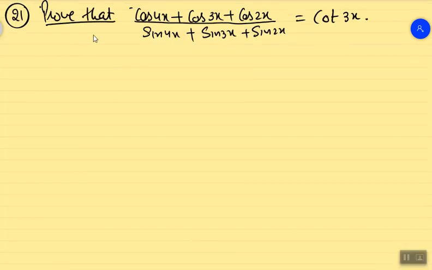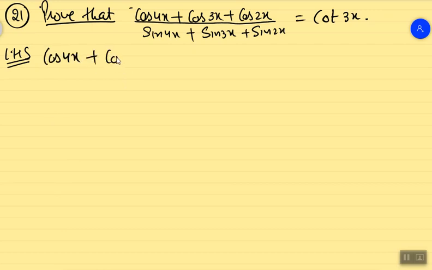Okay, prove that (cos 4x plus cos 3x plus cos 2x) divided by (sin 4x plus sin 3x plus sin 2x) is equal to cot 3x. We know that the formulae are applicable only for two terms, but there are three terms. Then what to do? Firstly, let me write the left hand side.